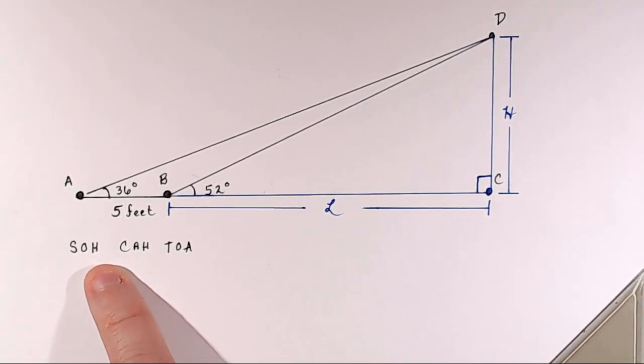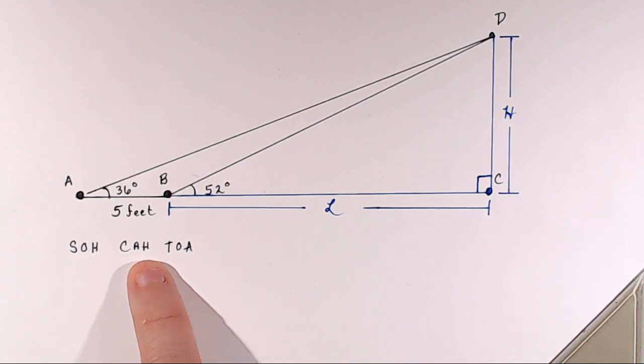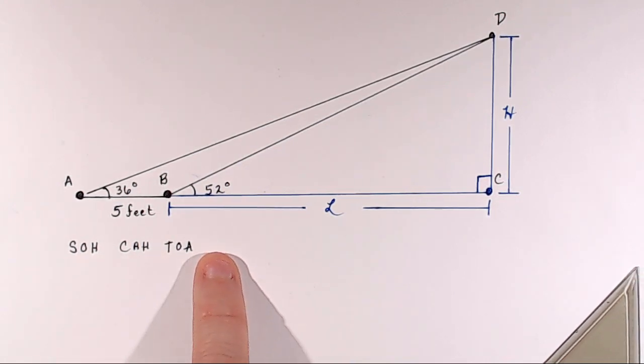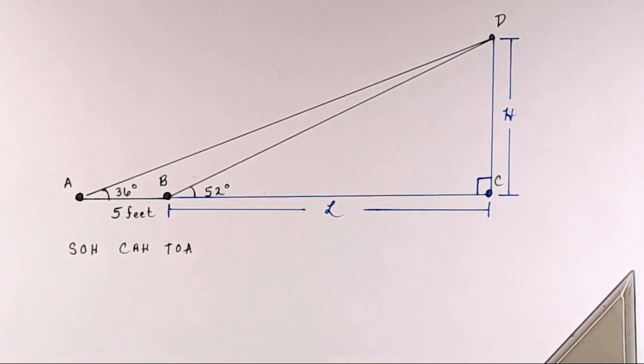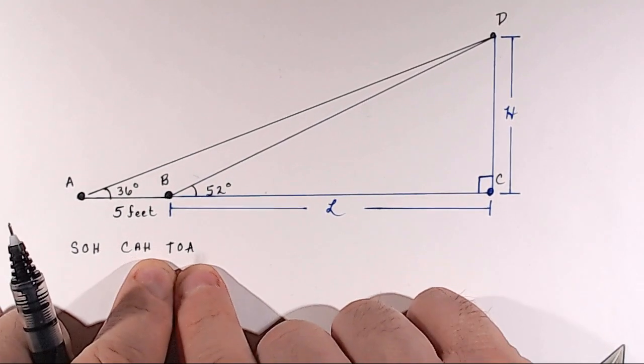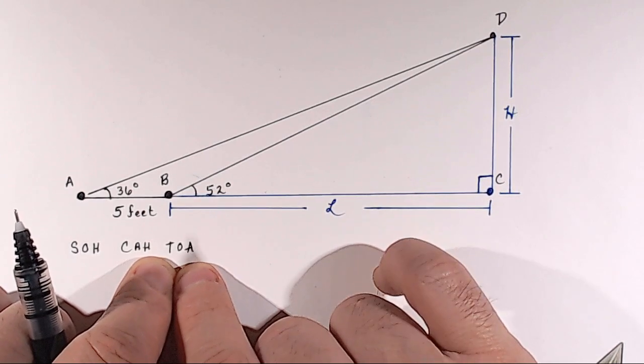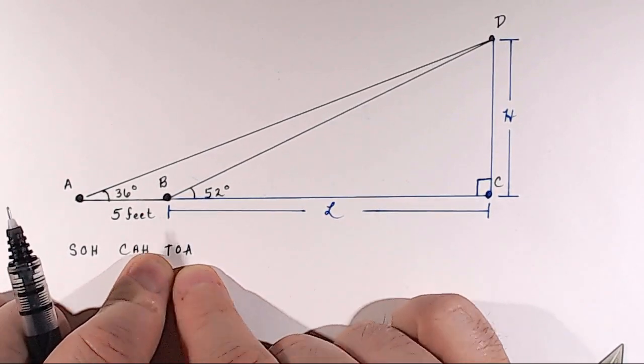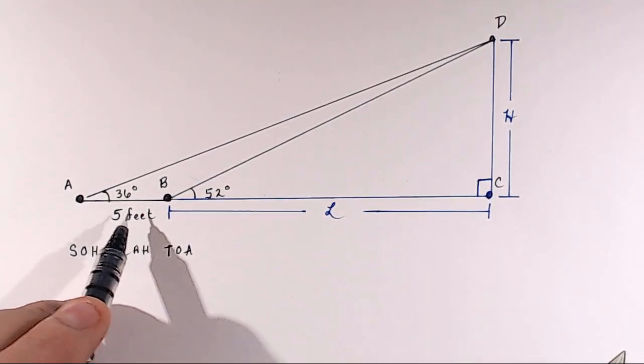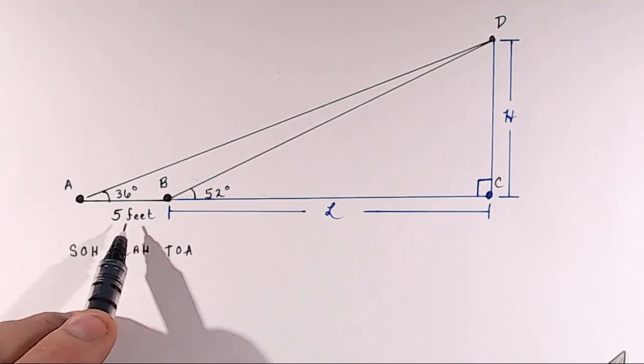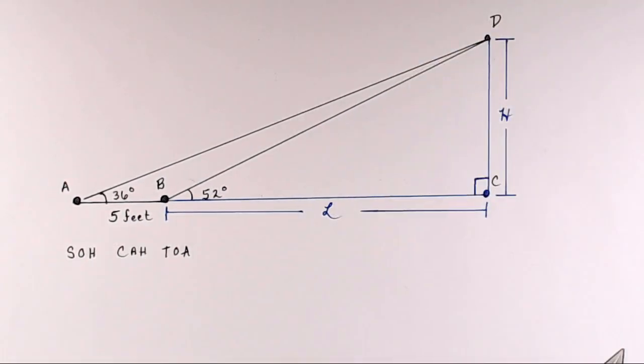This is opposite over hypotenuse, adjacent over hypotenuse, and opposite over adjacent. All right? Well, as it turns out, the tangent function will be the most useful function for us because we know part of the adjacent side, and we want to know the height.